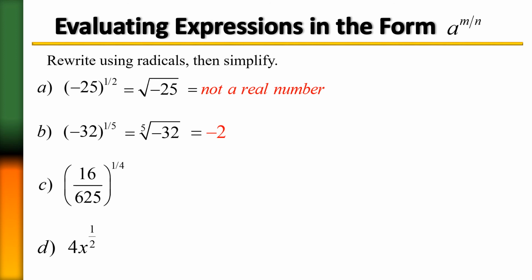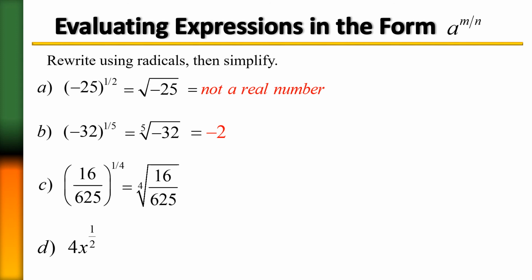Moving on to the next one, we have a fraction raised to a fraction. Now, the fact that it has a fraction as its exponent, we have to treat it like a radical. And if you look at the bottom, it is 4th root, which means under the radical symbol of the 4th root, I'm going to place 16 over 625. Lastly, all I need to do is find the 4th root of that fraction.